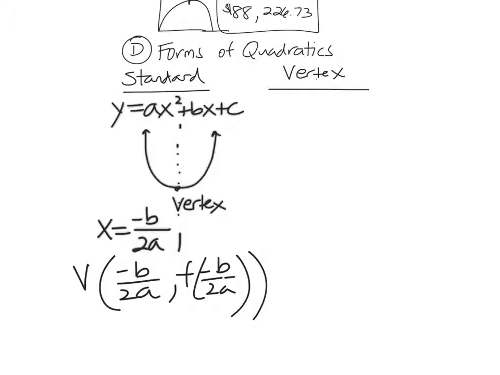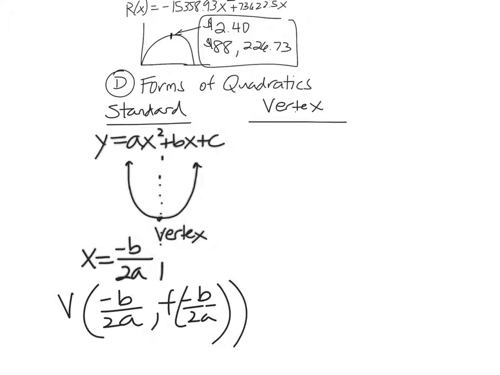I know you did. All right, over here, vertex form, which I prefer, personally, would be y equals a, by the way, those are the same a in both here and here, okay, parentheses, x minus h squared plus k. All right, so it's the same thing.